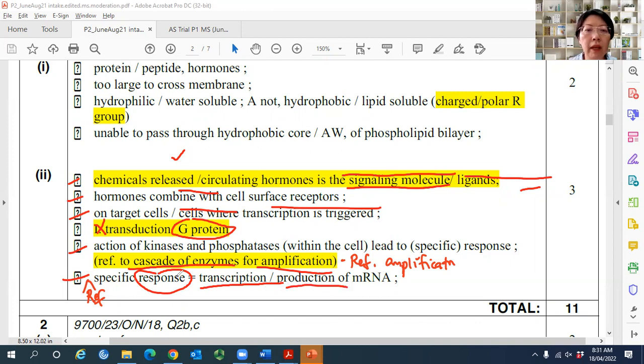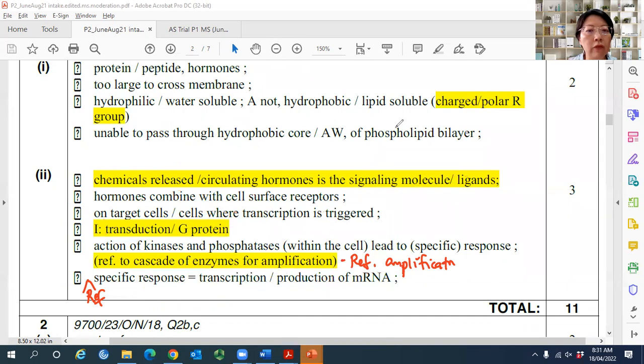So strictly speaking, I want to see the word response to give the mark, because this is what it is describing. If you just copy that gene is switched on, transcription, you're just copying from the passage without telling me that this is actually the response, then I will not give the mark.